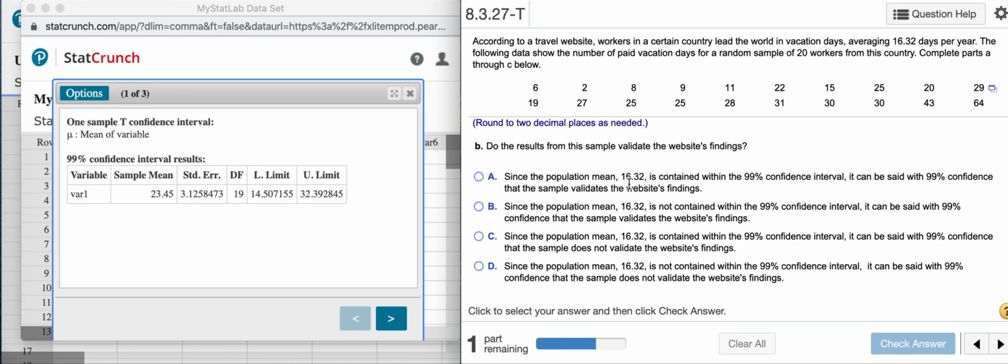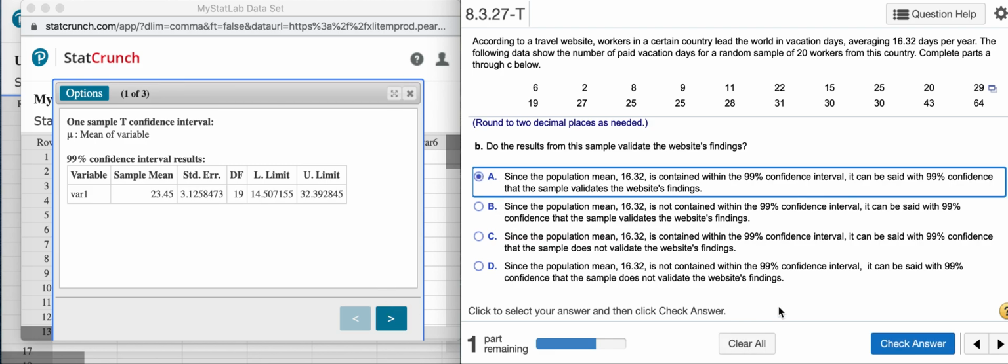My confidence interval does contain 16.32 days, so that is a possibility. The interval does not rule it out. I'm not sure if it validates it with a great deal of strength, but I cannot rule it out. If they say that it's 16.32, my interval doesn't conflict with that. So we'll choose A.